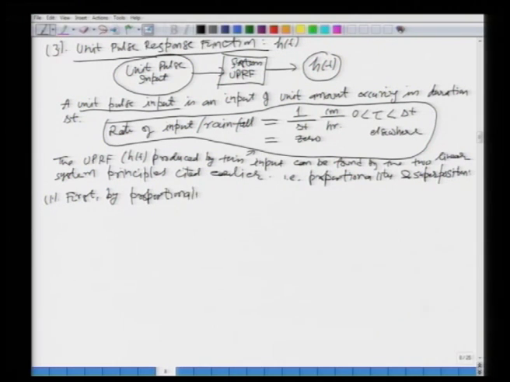By proportionality, response to a unit step input of rate 1 by delta t. What is the rate?